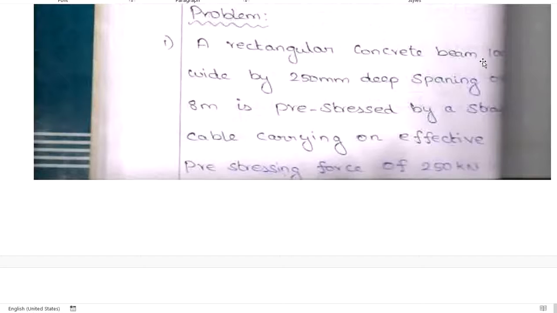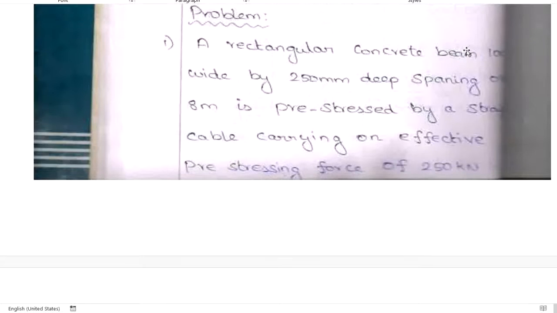Spanning 8 meter, it is pre-stressed by a strand cable carrying an effective pre-stressing force of 250 kilonewton. So effective pre-stressing force, that is P equal to 250 kilonewton, they have given. So breadth of the concrete member is 150 and depth is 250 mm they have given. So the span of the concrete member is 8 meter.